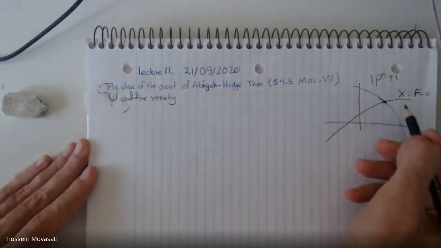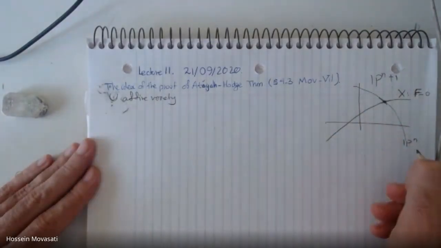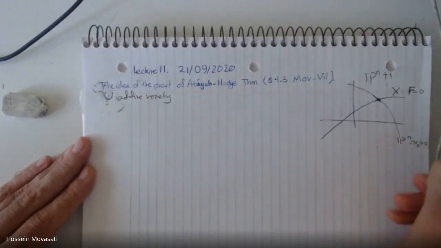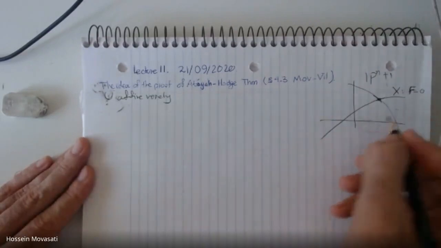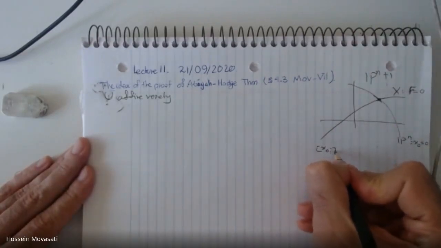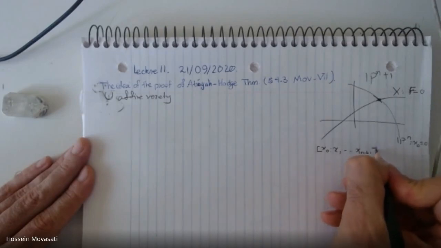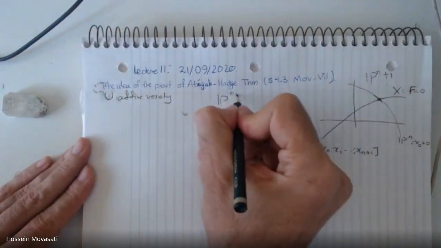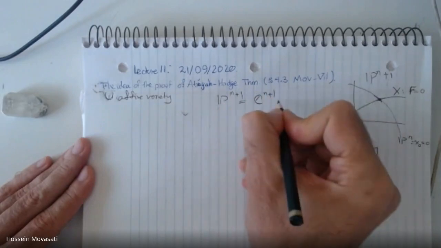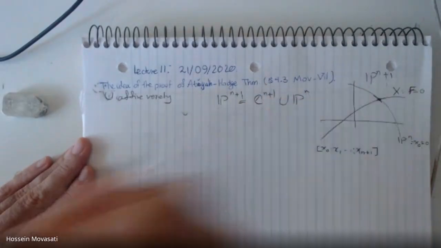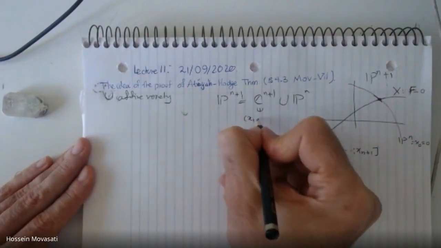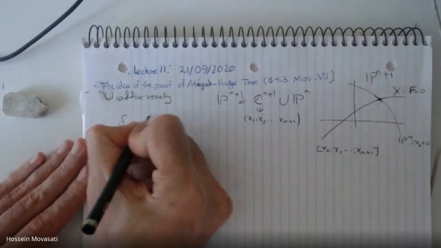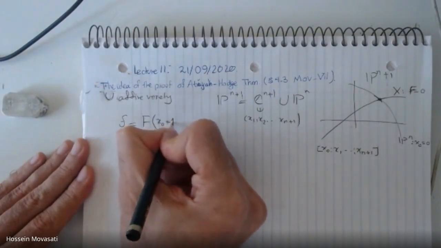If this P^n is given by x0 equal to 0, and my chart is x0, x1, ..., x_{n+1}, then P^{n+1} will be just this C^{n+1} union this P^n, and here I will use coordinates x1, x2, ..., x_{n+1}. And I do f equal to F with x0 equal to 1.